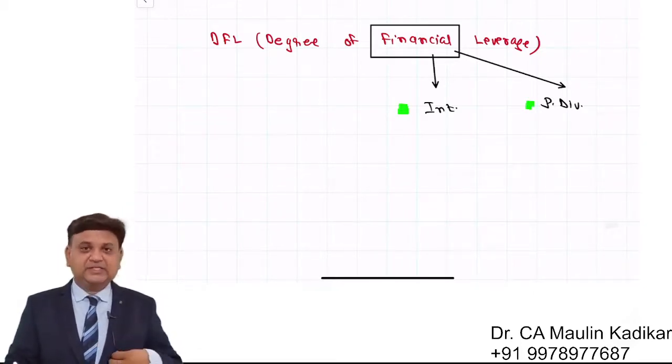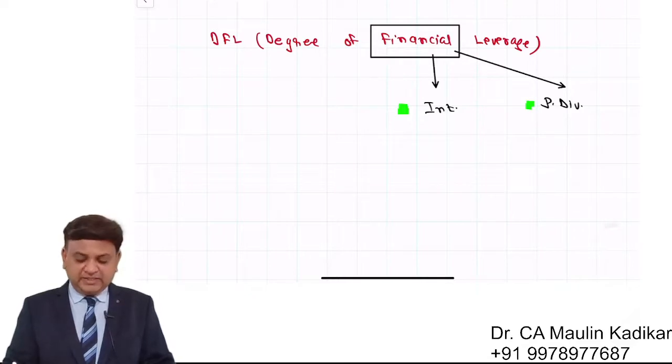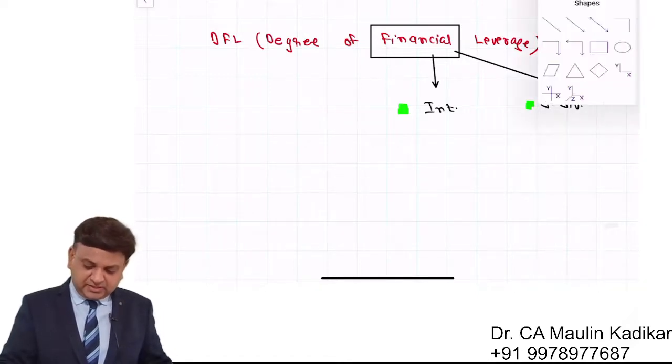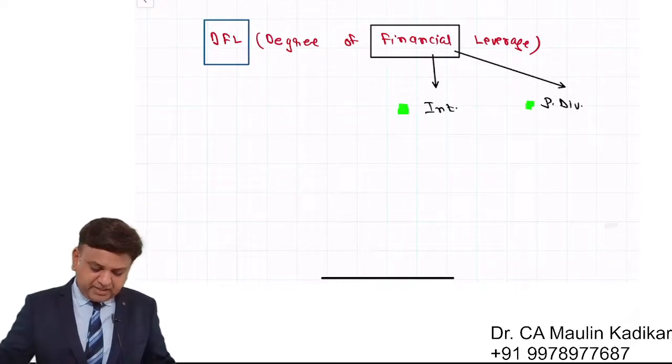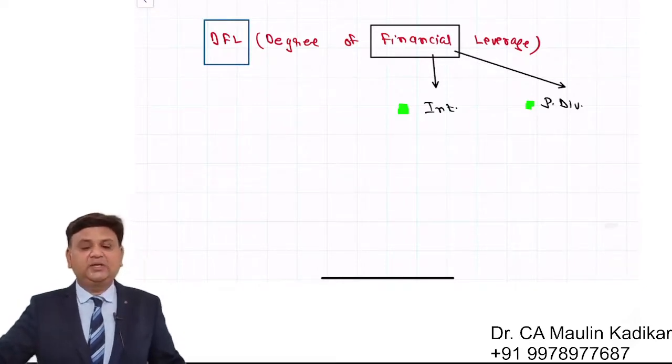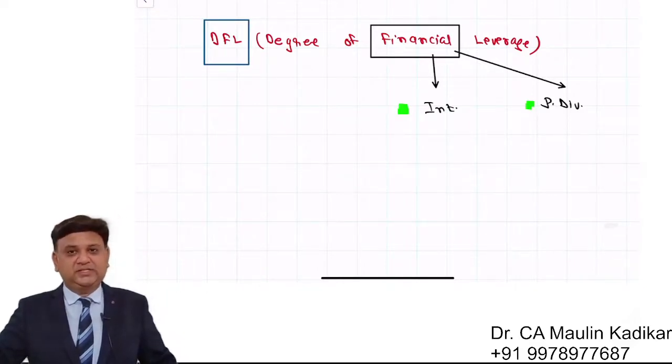We are going to understand what the effect of the fixed financial charges is. The effect of the fixed financial charges is measured by DFL. Degree of financial leverage is measuring the effect of fixed financial charges.